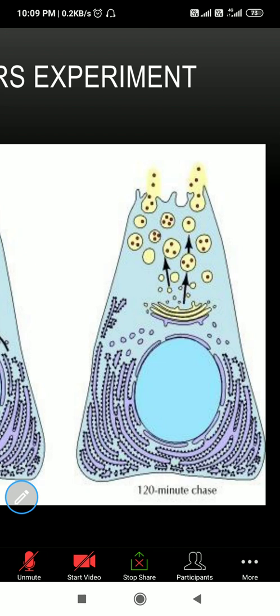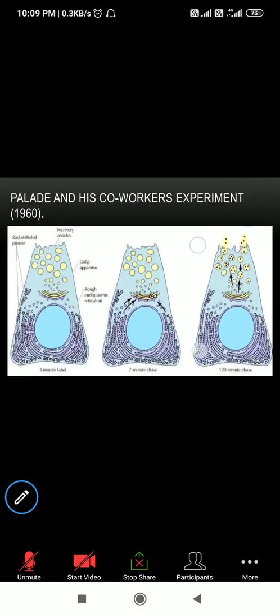The whole pathway they described as the secretory pathway, in which the proteins are translated on the rough endoplasmic reticulum. Then these proteins are inserted into the lumen of the endoplasmic reticulum, where they get post-translationally modified.